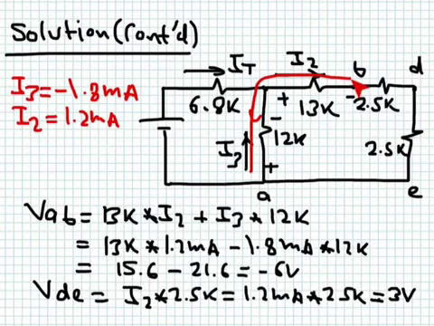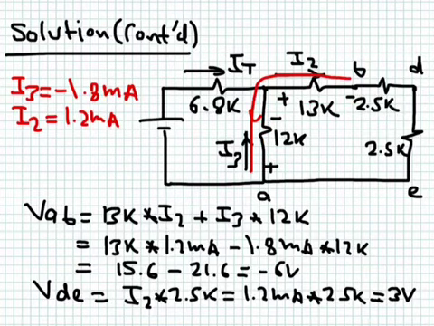So I move from point B to point A, and I will add the voltage drops that I see. If I see negative, positive, this means that this point is higher than this point, and then I have to add that voltage. If I see positive, negative, it's going to be negative. So from here to here, I could see a positive increase. So this is I2 multiplied by 13K.